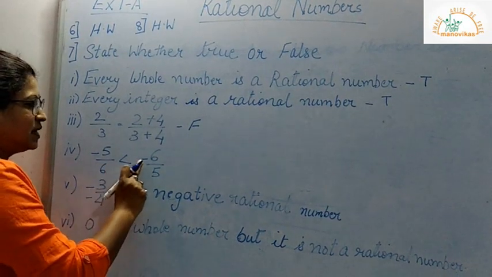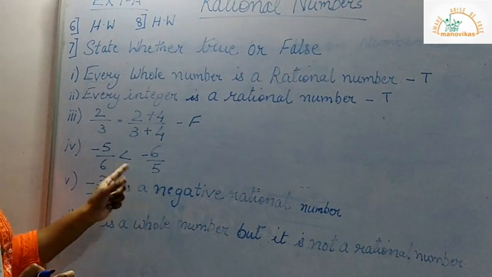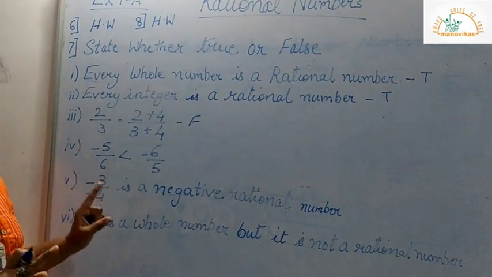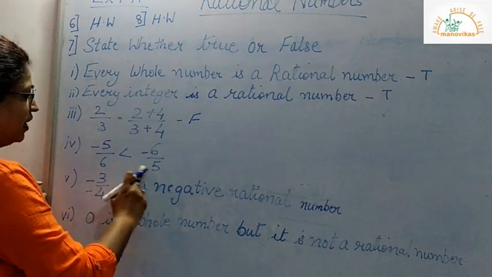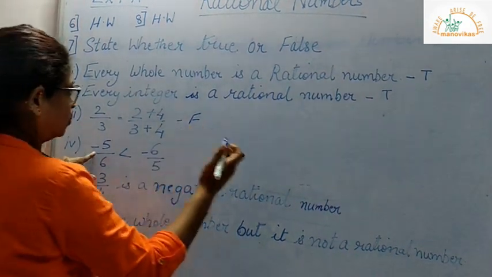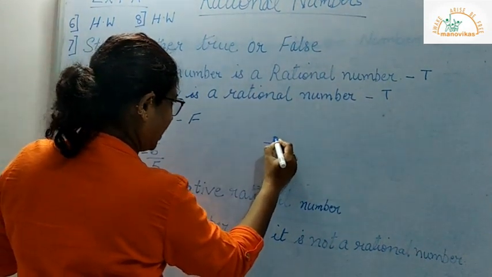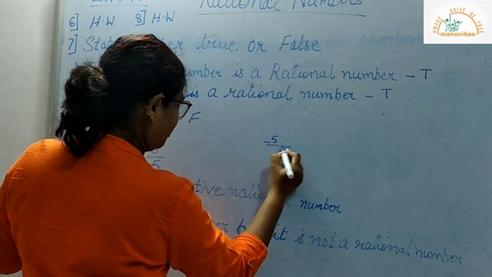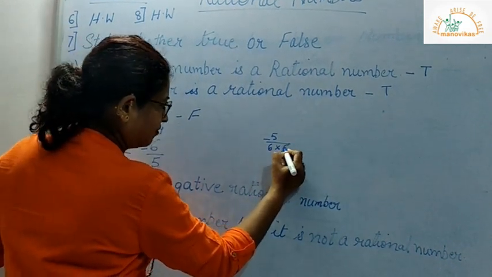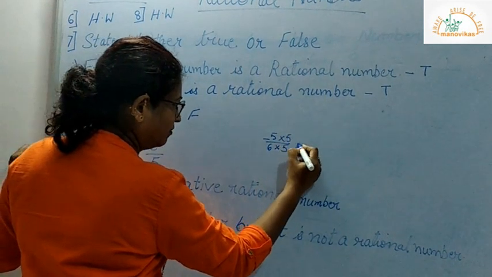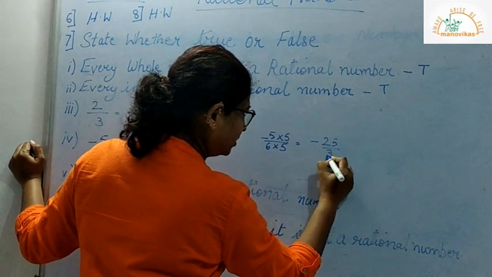Now moving on to the next one, -5/6 is less than -6/5. To compare these two numbers, we make the denominators equal. 6 and 5, so we get 30. For -5/6, to make this 30 we multiply by 5 in both, so this comes to -25/30.